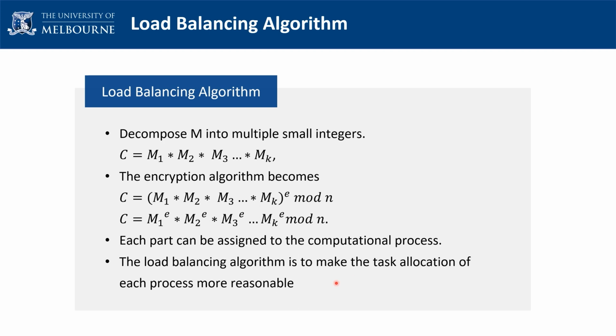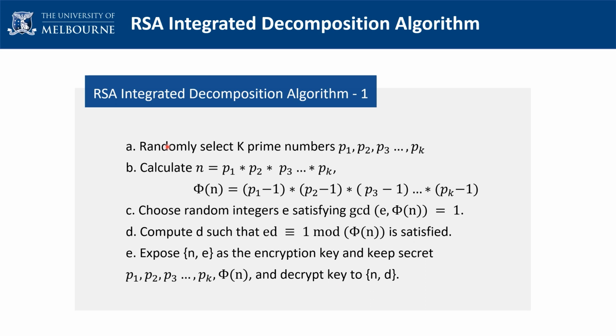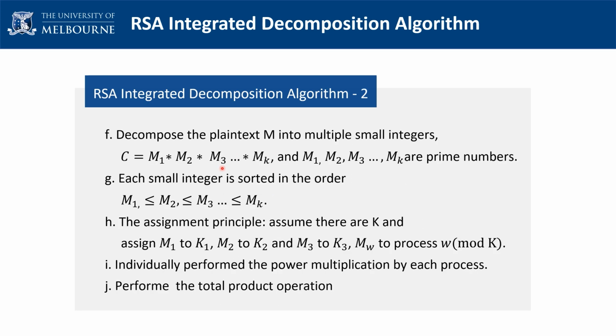The two most important phases of RSA are key generation and the process of encryption and decryption. And here, this method, the RSA integrated decomposed algorithm, combines the above methods. In the phase of key generation, it is the multiple decomposition algorithm of modular n, as shown in this PowerPoint. And this improves the speed of key generation.